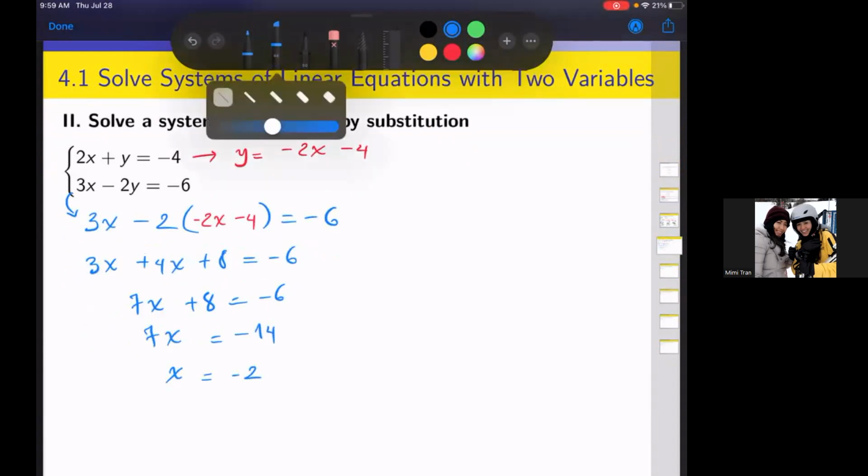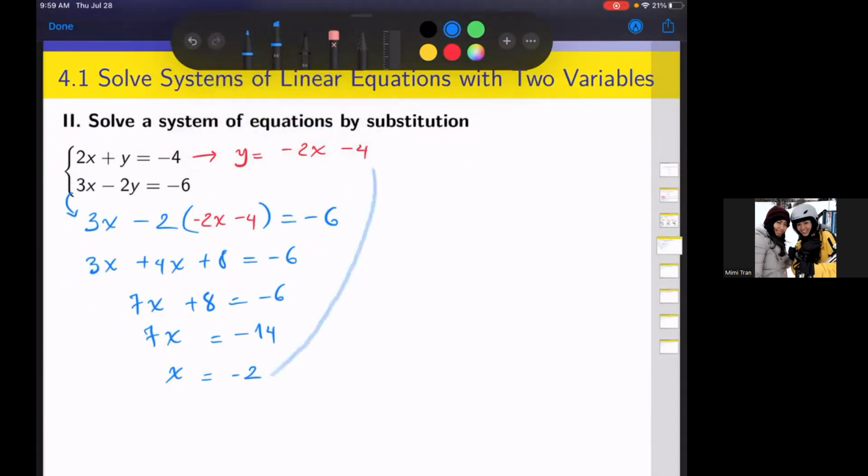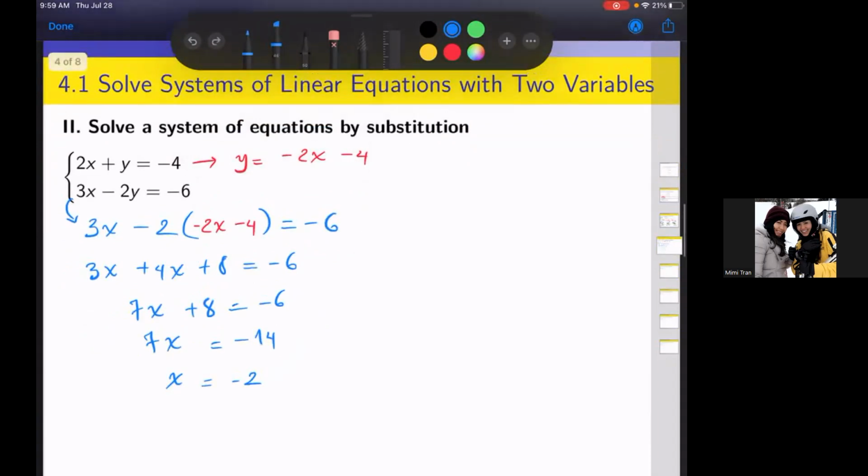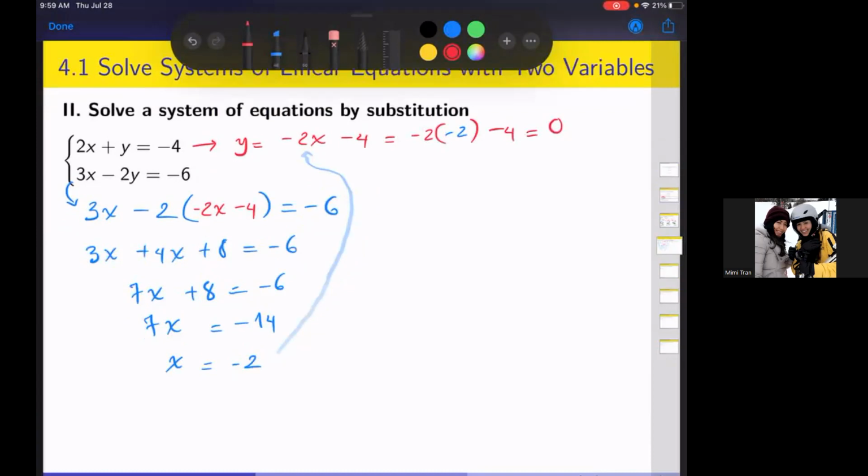So what you're going to do is put negative 2 back here and then solve. Negative 2 times negative 2 minus 4. 0. Oh, 0. Okay, so your solution is going to be negative 2 comma 0.